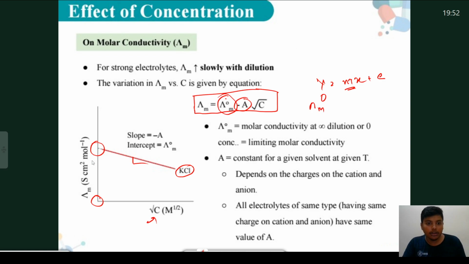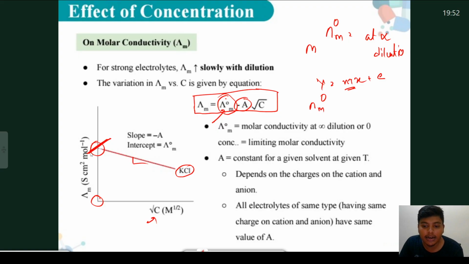At infinite dilution we get some value, and that will be the highest value. Every salt at infinite dilution has a different value, and that value is known as lambda not m. Lambda not m is nothing but the molar conductivity at infinite dilution or zero concentration.